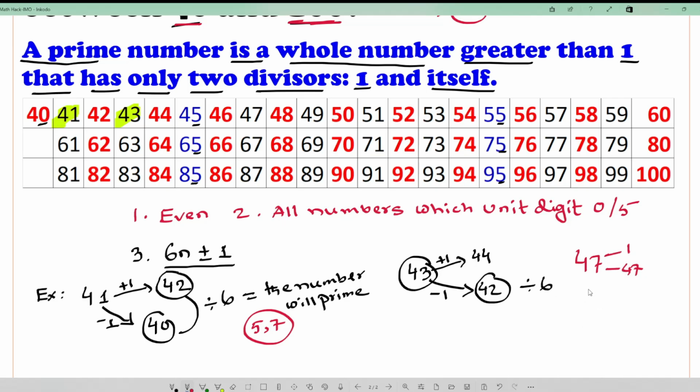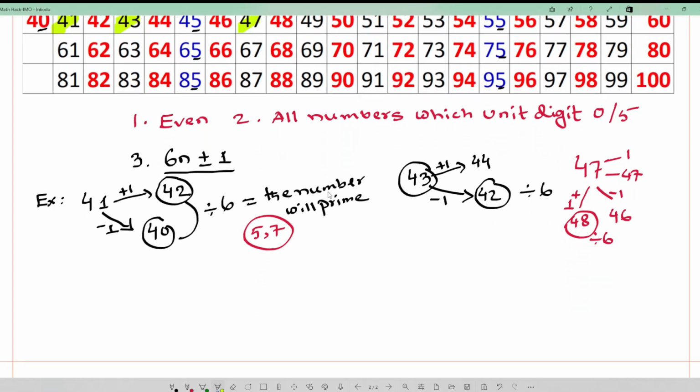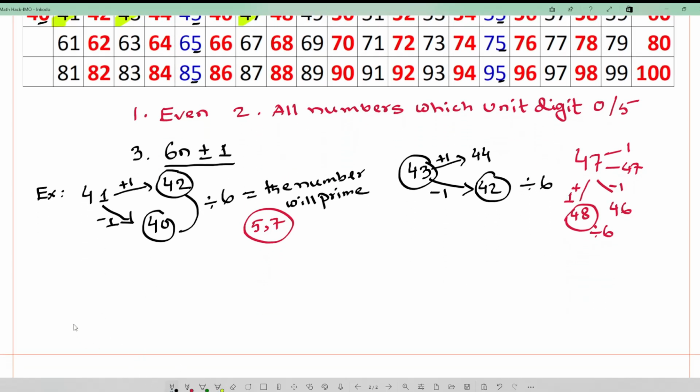Now look, our 6n plus or minus 1 formula: if we add 1 it becomes 48, if we subtract 1 it becomes 46. 48 can be divided by 6. Therefore this 47 is also a prime number. So we can note down here: first we get 41, then 43, then 47.